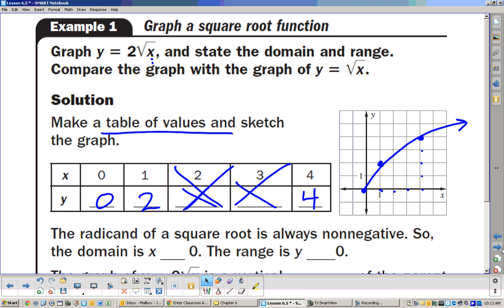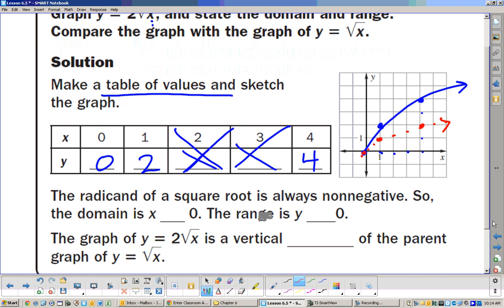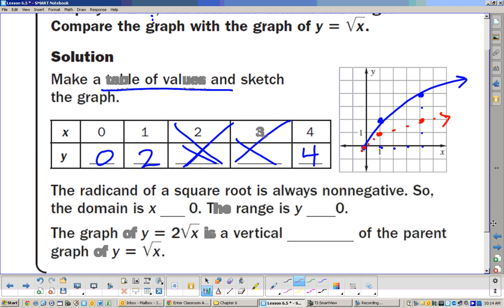Now, the parent function went through 0, 0, 1, 1, 4, 2, right here. So if we were comparing this, I think you said it earlier, Zach, what is this one compared to the parent? It's a vertical stretch of how much? Everybody? 2, all right? So when it says to compare it down below, you want to talk about the domain and the range and then the shape.